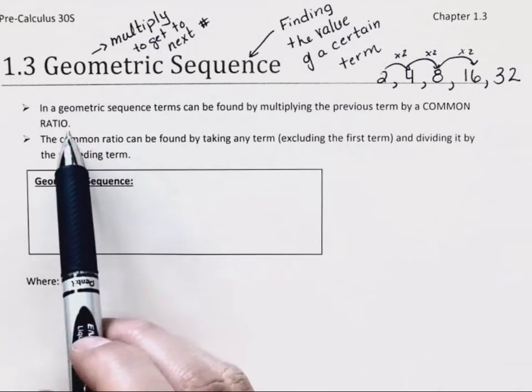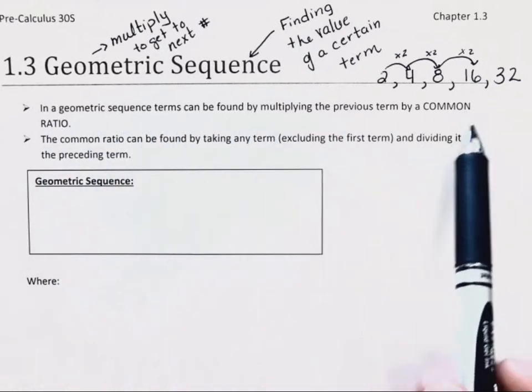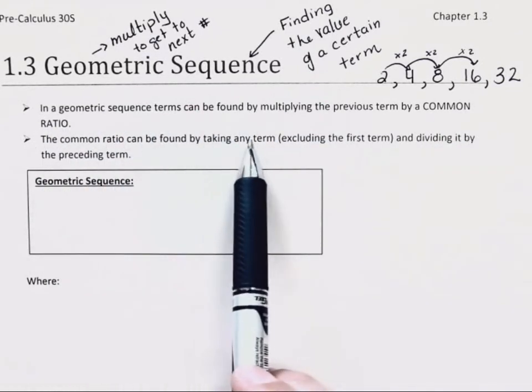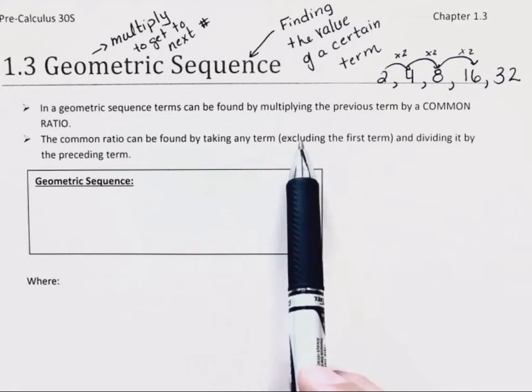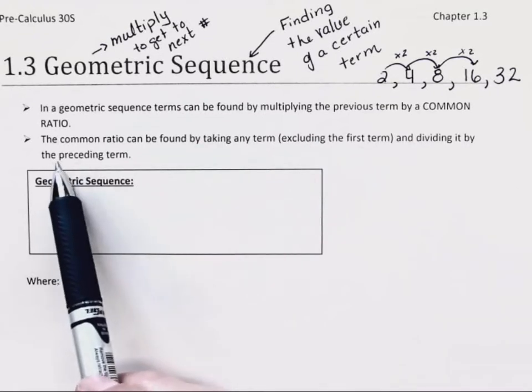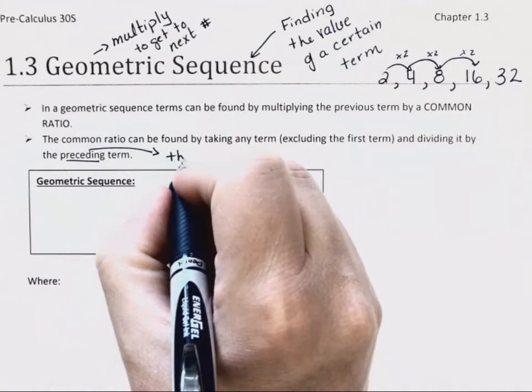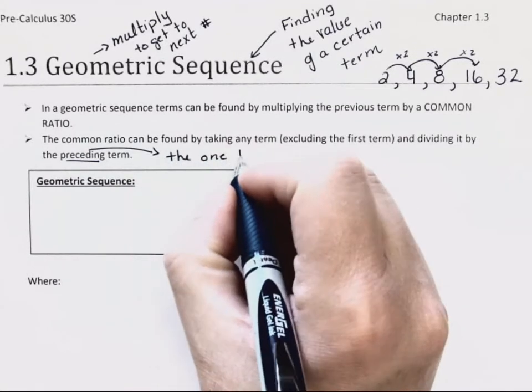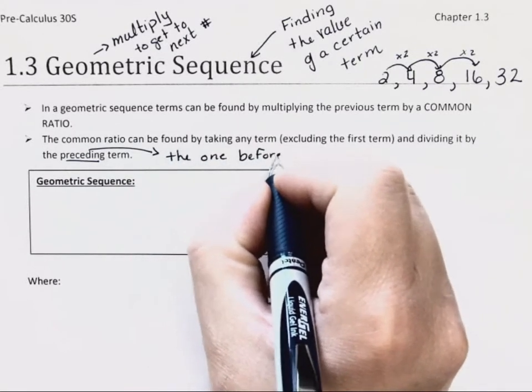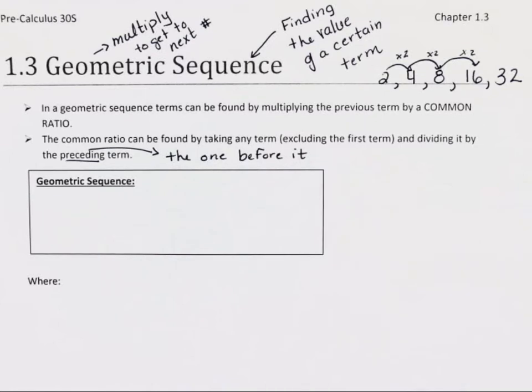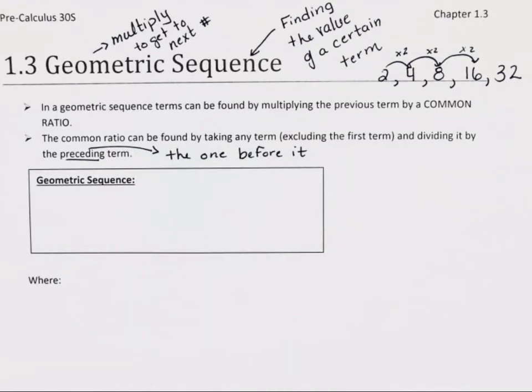All right. Geometric sequence, multiplying by the previous common ratio. Common ratios can be found by taking any term, excluding the first term, and dividing it by its preceding. Preceding just means the one before it. If you've watched the arithmetic videos, we've done that before.